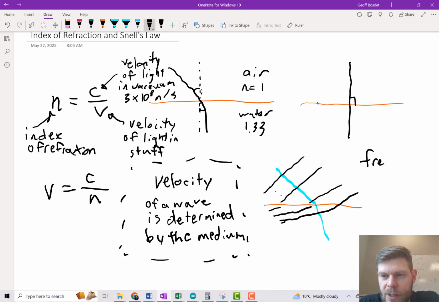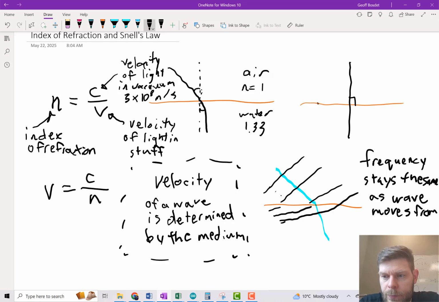So frequency stays the same as it passes from one substance to another. It's just the wavelength that changes as a wave moves from one medium to the other.